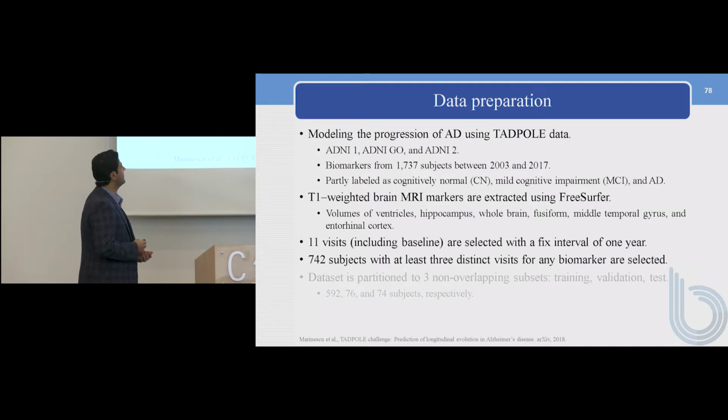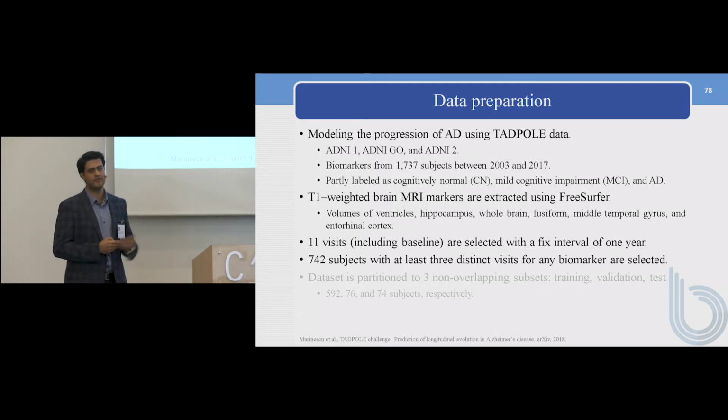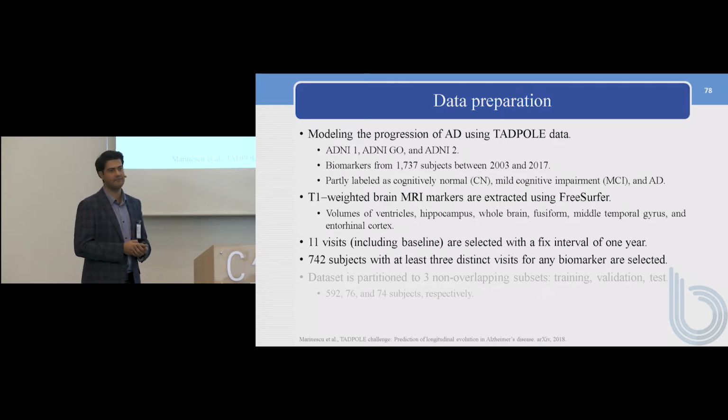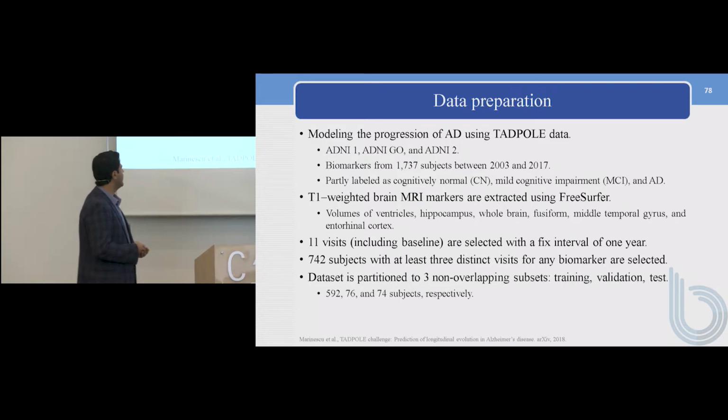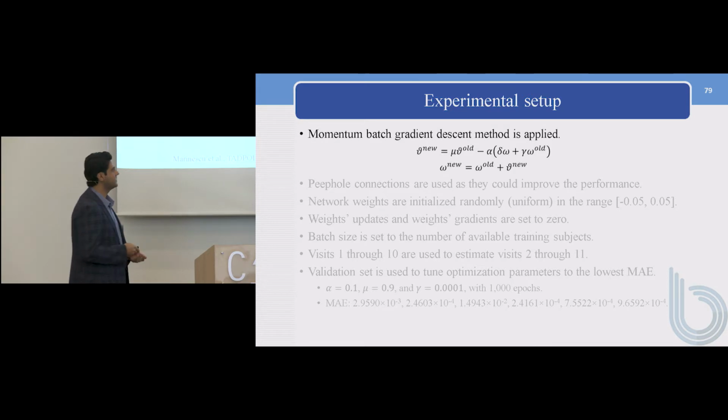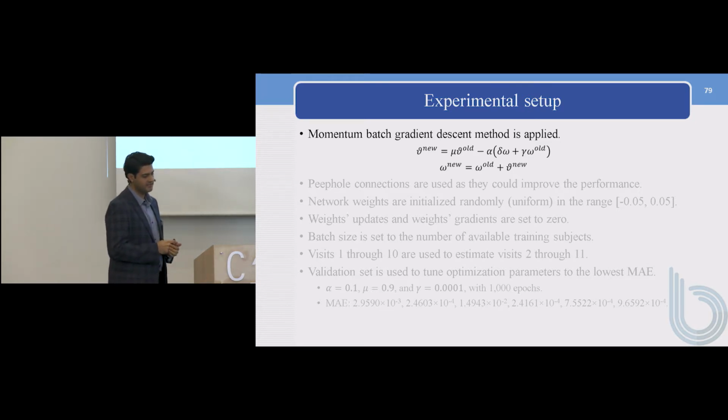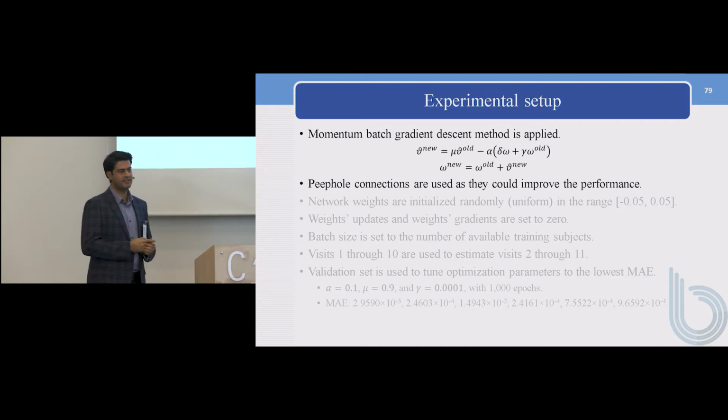Out of these many subjects, over 700 subjects with at least 3 time points, 2 for ensuring the training or feed forward and 1 additional for backpropagation, are selected. Finally, the dataset is partitioned into 3 non-overlapping subsets for training, validation, and test. We use a momentum-based batch gradient descent method to optimize the weights.